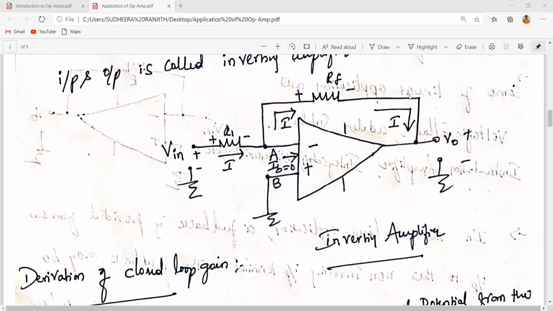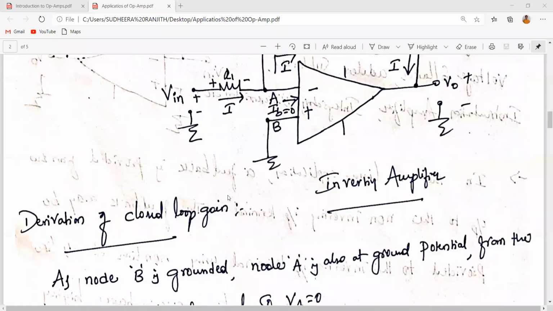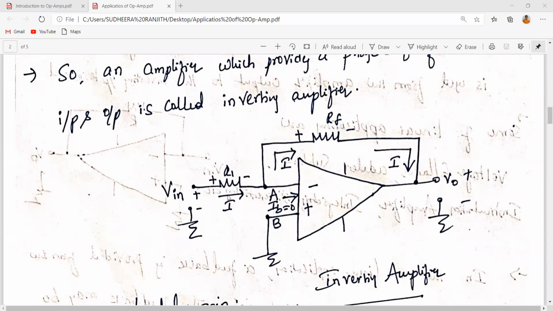What is the closed loop gain of this inverting amplifier? The gain is nothing but V naught by Vin, output by input. We have to calculate what V naught by Vin is. Now it's time to apply the two assumptions to analyze the circuits, right?